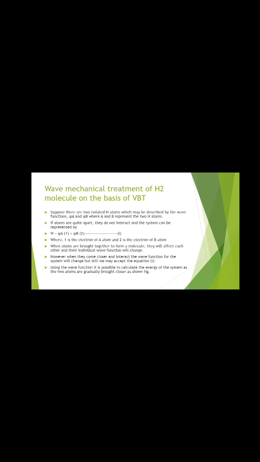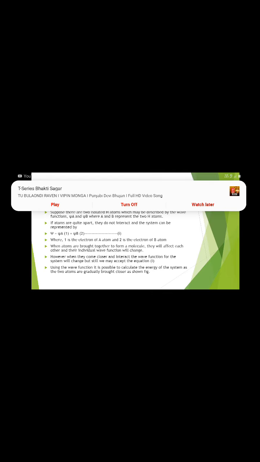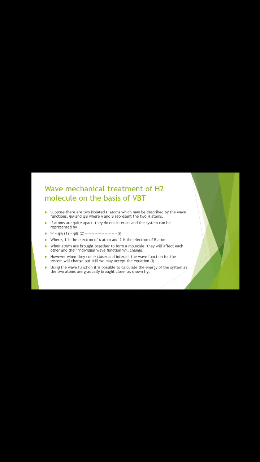Now this is just the classical method, but if you want to understand this in a wave mechanical approach, then you can see that if two hydrogen atoms are isolated, that means they are separated, at that time their wave functions are treated as psi A and psi B. But if atoms are quite apart, as I said, they do not interact, and therefore it can be written in the form of the wave function equation, that is psi is equal to psi A of the first atom plus psi B of the second atom.